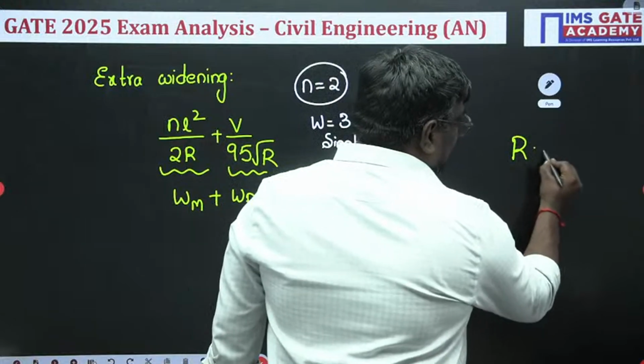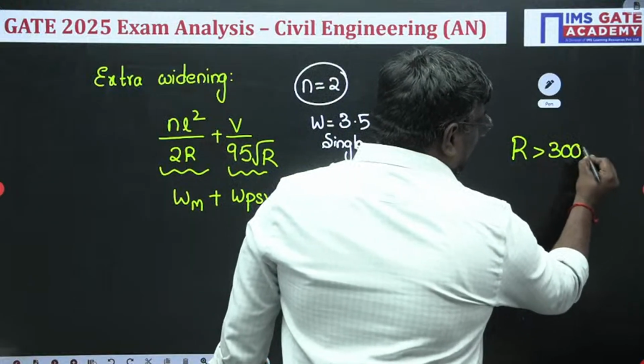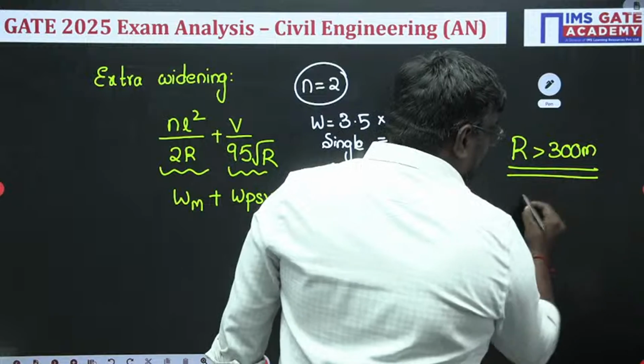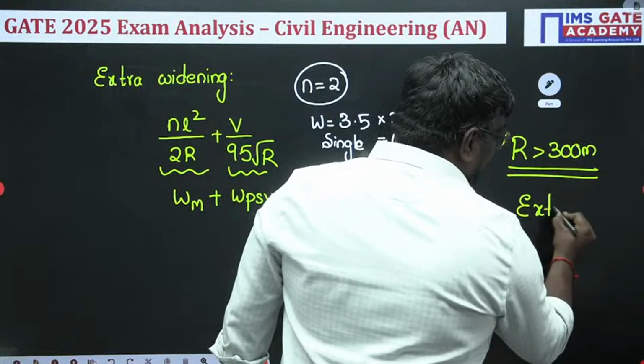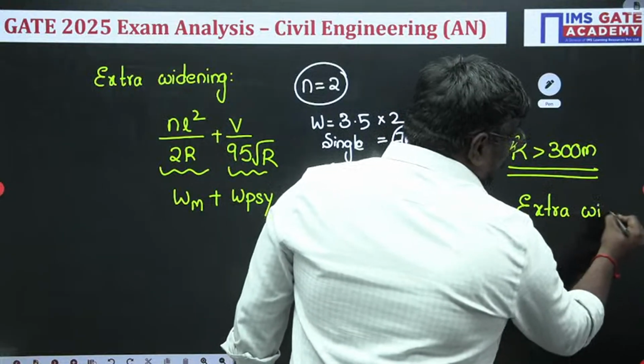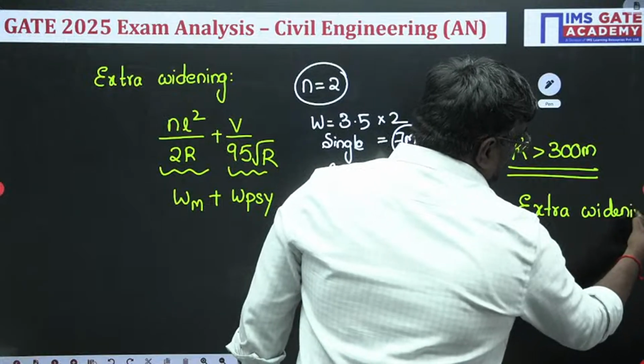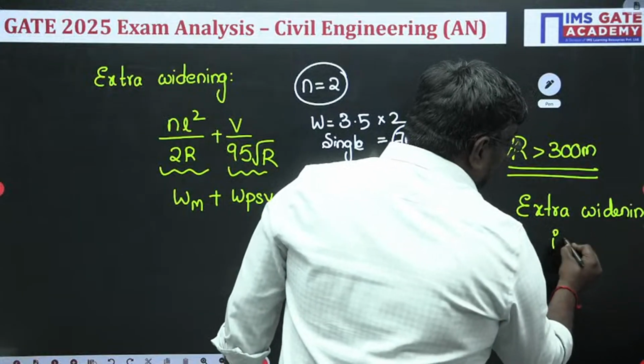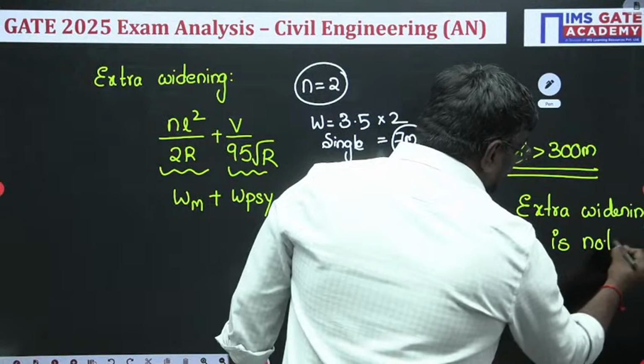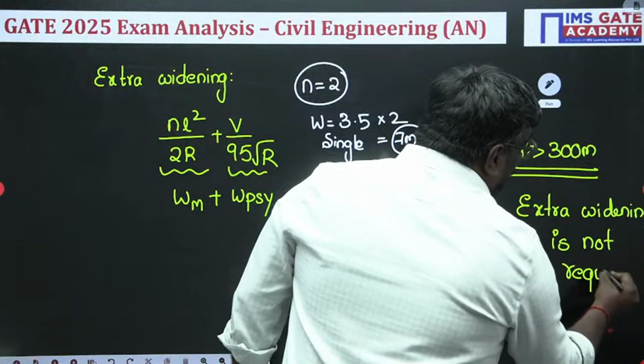If the radius is more than 300 meter, extra widening is not provided. This is a very important point. Extra widening is not required if it is more than 300; if it is equal to 300, you have to provide it.